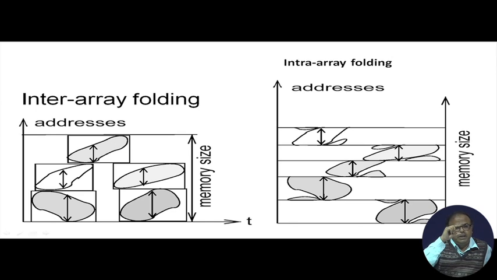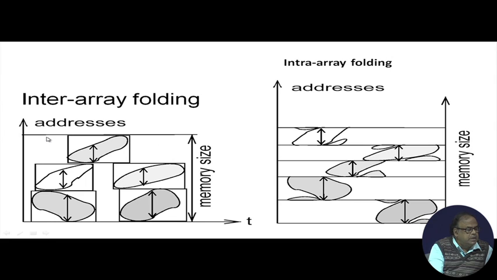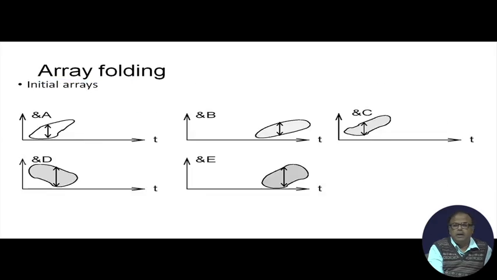So, even within that array, the memory locations that I was allocating for this array can be further reduced like this. This much has been reduced to a smaller size, because it can share the same memory locations depending on disjoint access over time. So, that is what we are doing further iteratively on intra-array.